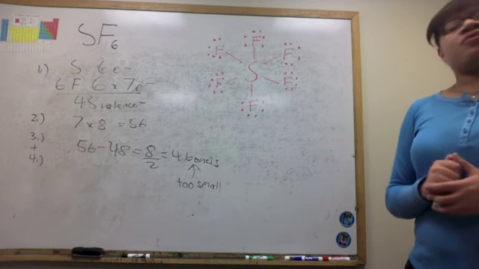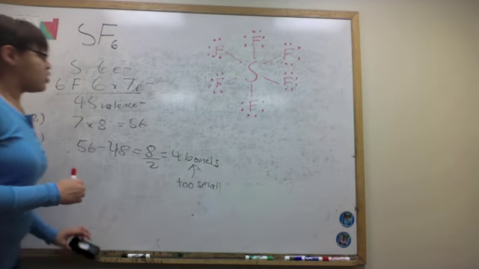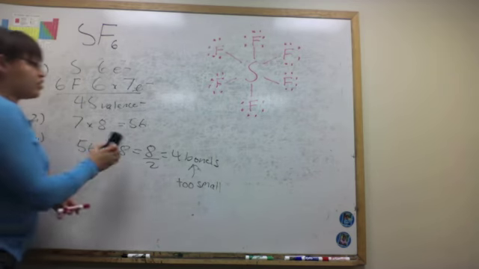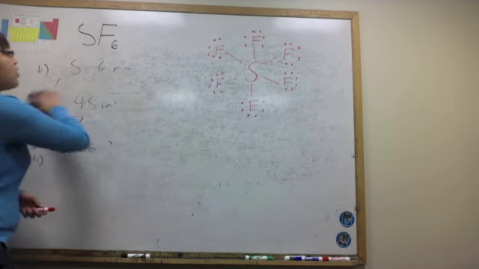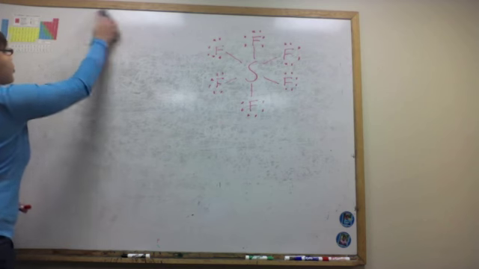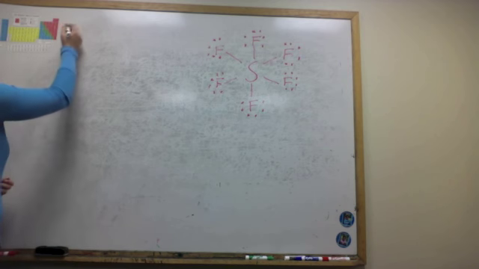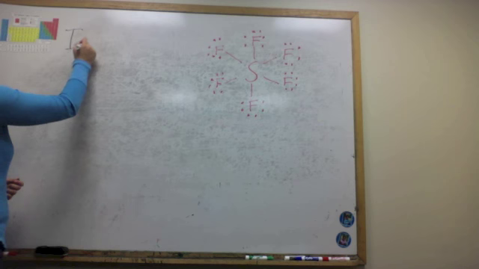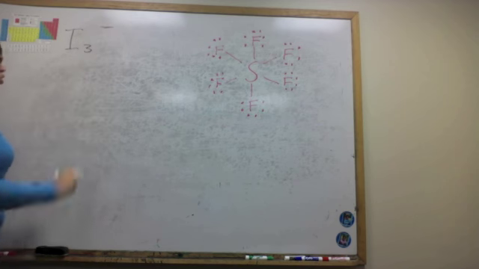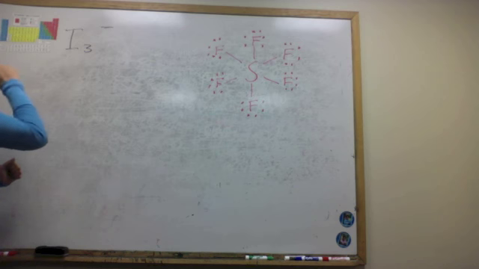Our second example of a molecule that is able to expand its octet in one of its atoms is the triiodide ion, which is I3-. Once again, we'll count up the total number of valence electrons in this molecule.